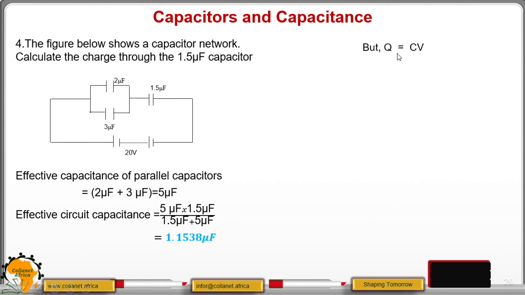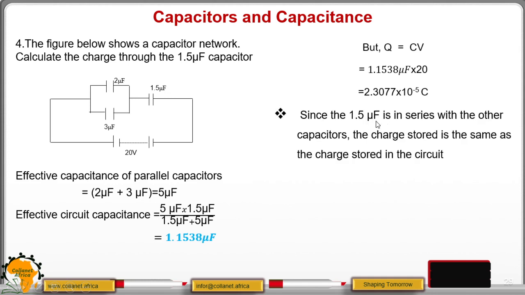But we know that Q is equal to CV. So you just need to multiply the total capacitance with the voltage to get the total charge, which is 2.3077 times 10 to the power negative 5 coulombs. But now if you look at the 1.5 microfarad capacitor, it is in series with other capacitors.